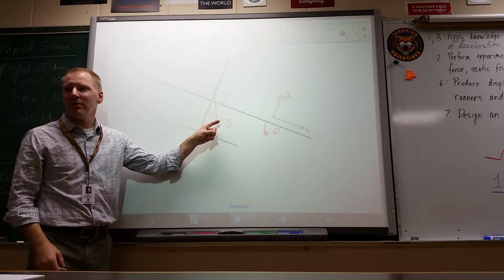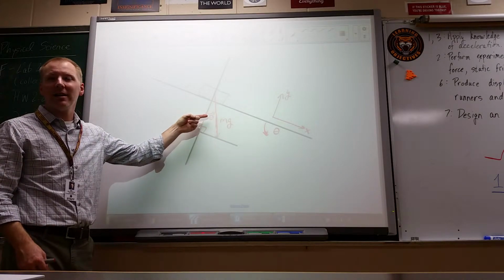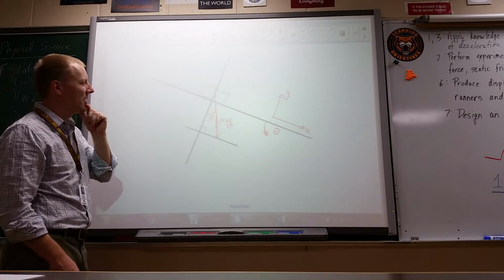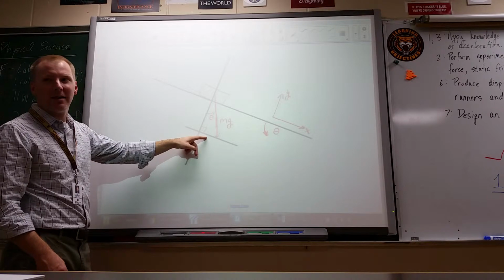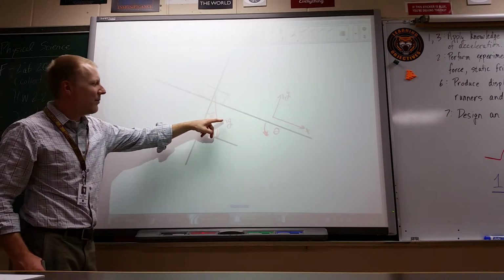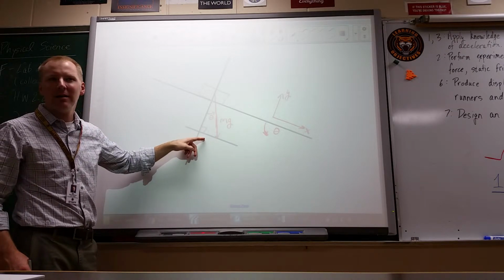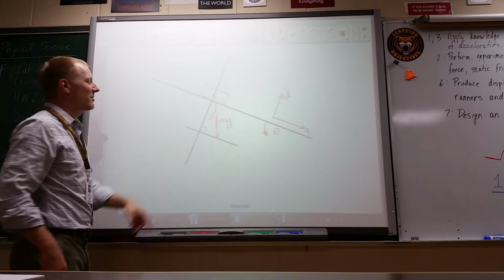I know the hypotenuse. And I know that angle because that's the angle that my ramp is inclined at. So that's the opposite side of my triangle. Which trig function relates the hypotenuse to the opposite side? Sine. Sine is opposite over hypotenuse.